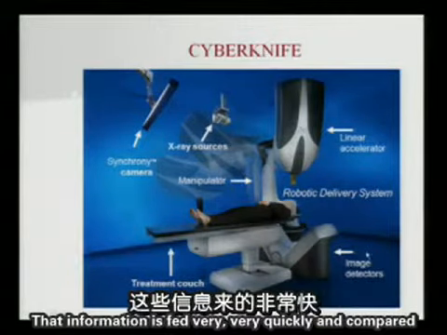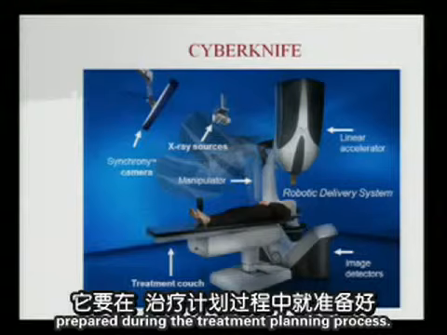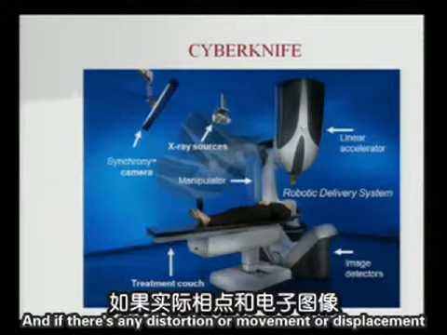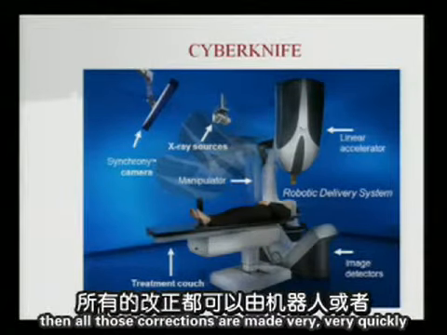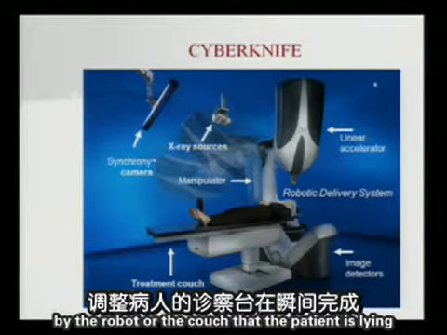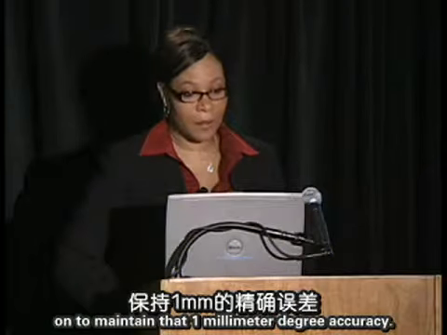That information is fed very quickly and compared to a digital image that would have been prepared during the treatment planning process. If there's any distortion, movement or displacement between the actual image and the digital image, then all those corrections are made very quickly by the robot or the couch that the patient is lying on, to maintain that 1 millimeter accuracy.